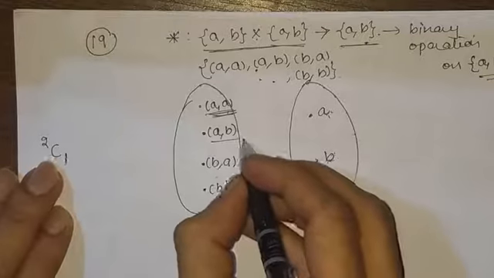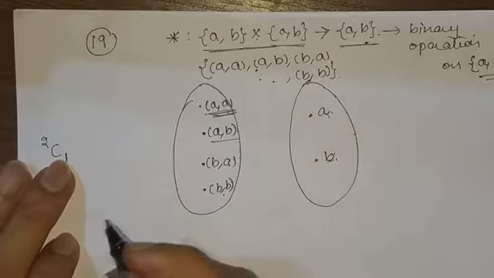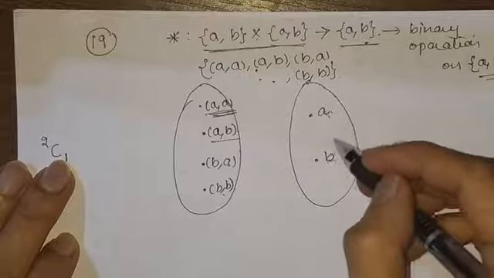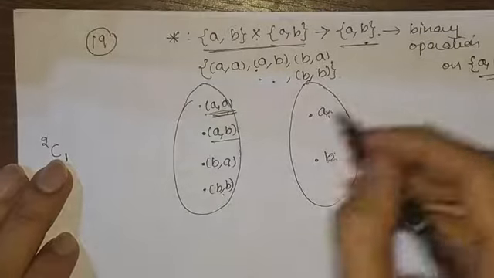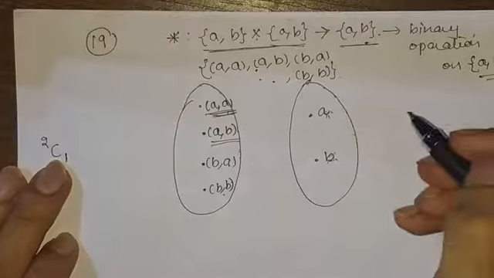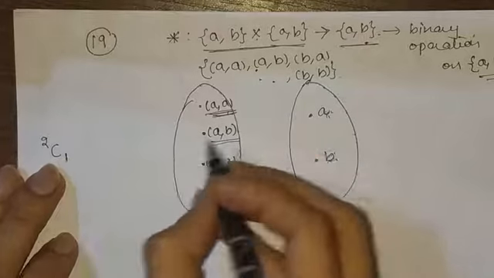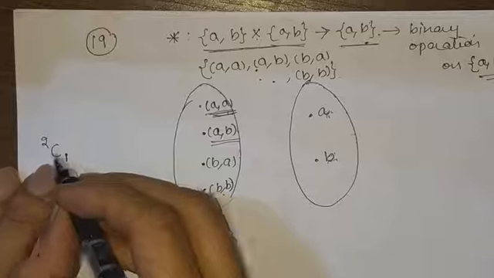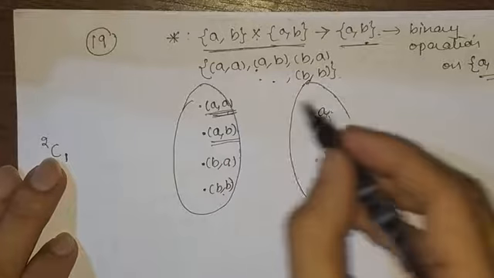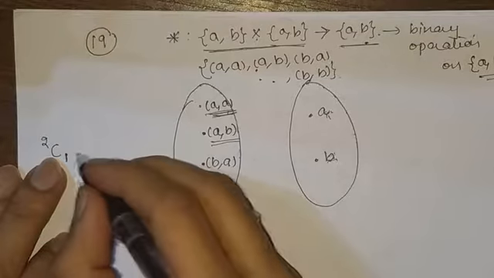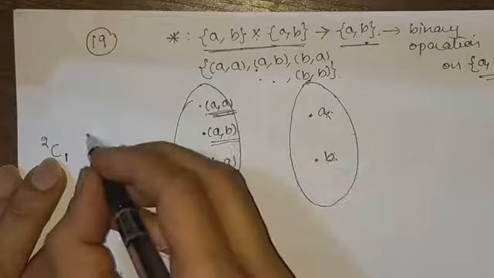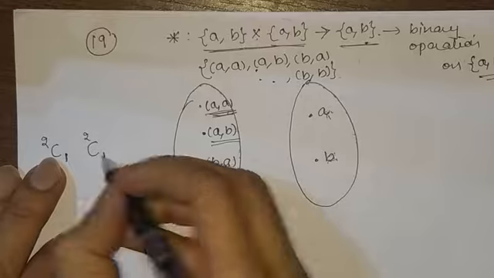The second element has how many choices? Again two choices, A or B, any one this element can select. Once this element selects an image, depending on that you select the image for the second element. So 2C1.